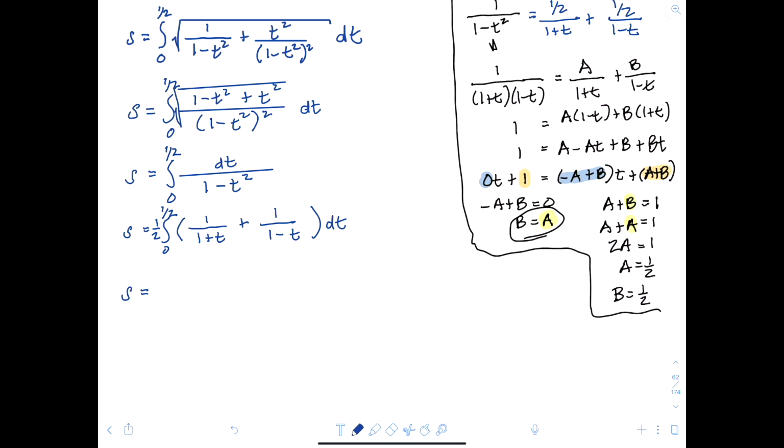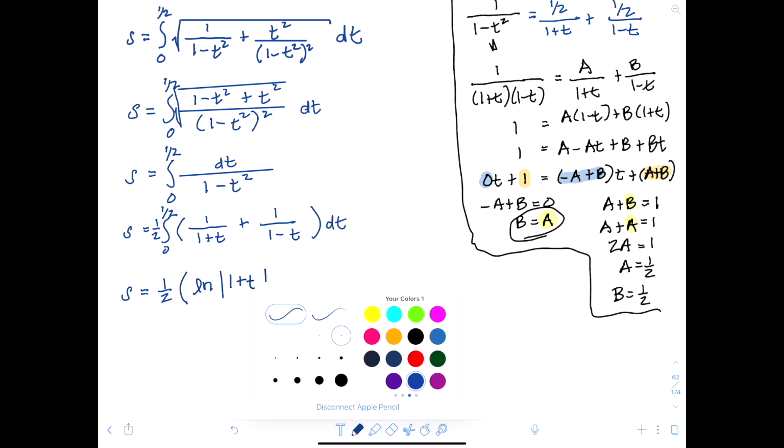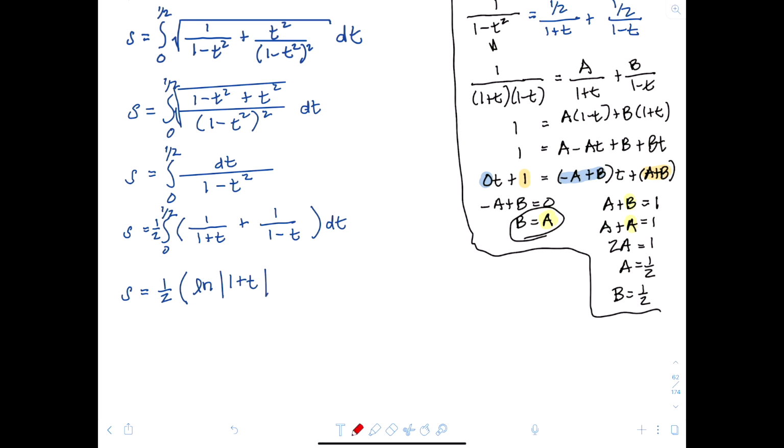So integrating, I will have 1/2 times, the first one will just be natural log absolute 1 plus t. Okay, so far? The second one I have to adjust by a negative.